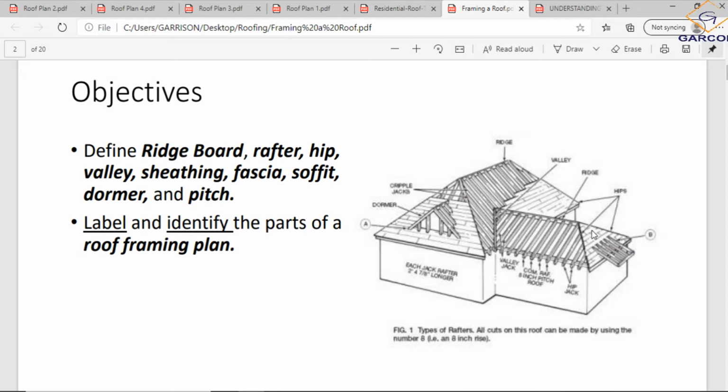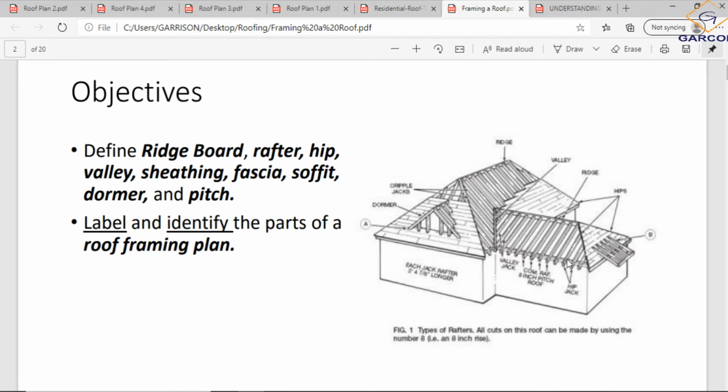So, hip end here. Ridge is the top, the point or the peak of the roof, the ridge. Then this is labeling the cripple jack here, meaning a jack rafter. This is a hip rafter right here. So the dormer window is here, right?